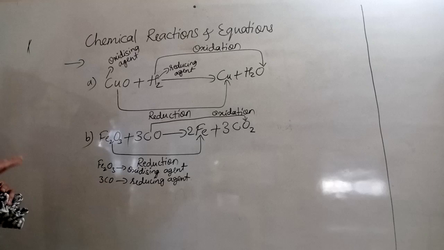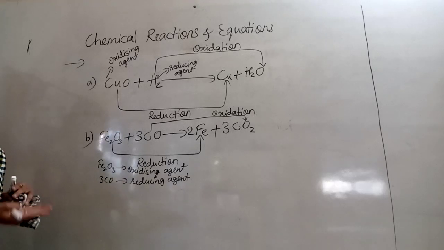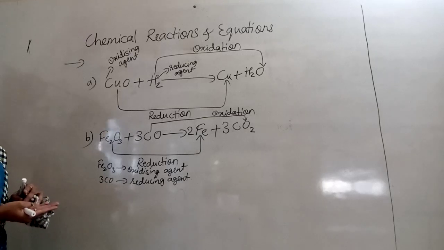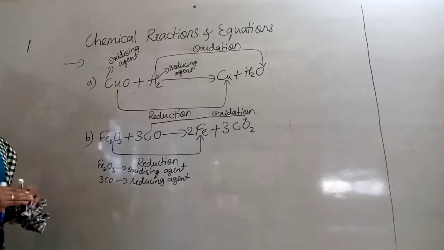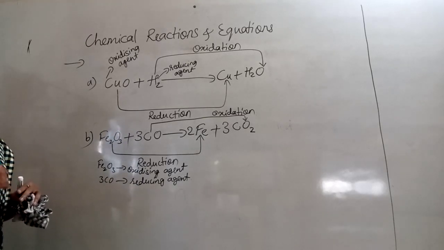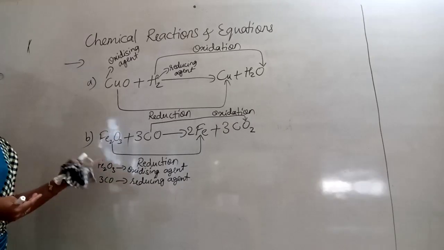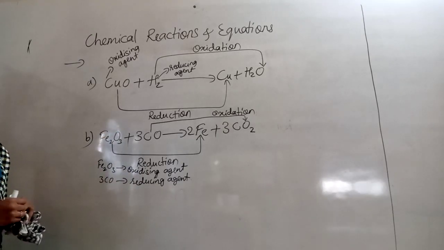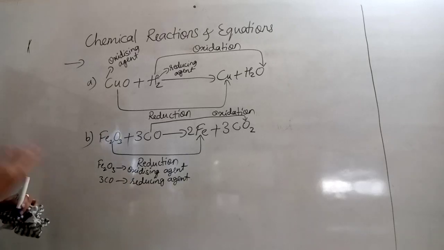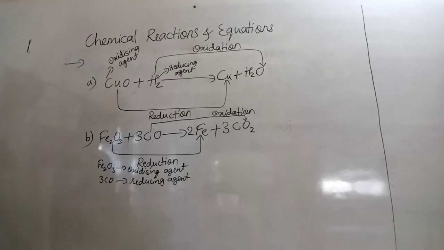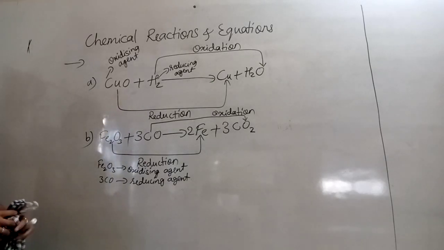Now, for the removal statement, removal of hydrogen is an oxidation reaction, and removal of oxygen is a reduction reaction. Okay, hope you understood. Just practice these equations and you will come to know the redox reaction and oxidation reaction. These are two more types of chemical reactions.